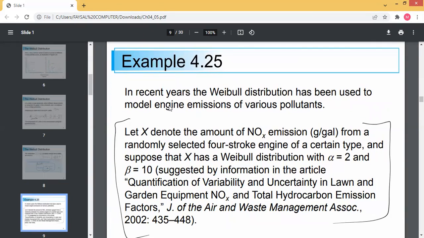Example 4.25. In recent years, the Weibull distribution has been used to model engine emissions of various pollutants.